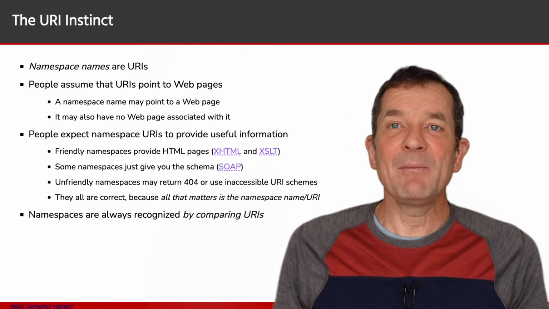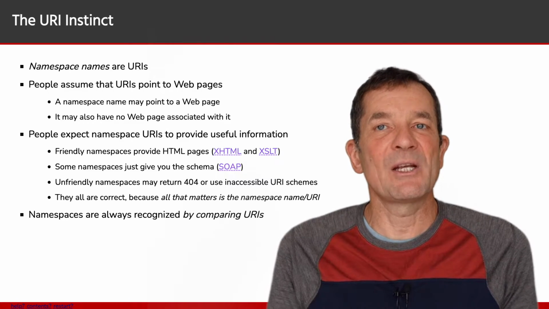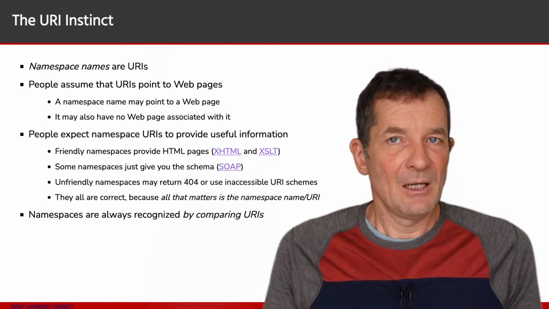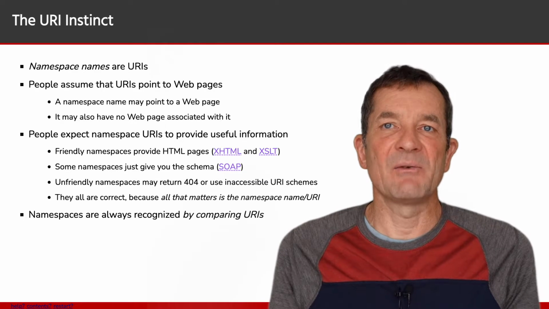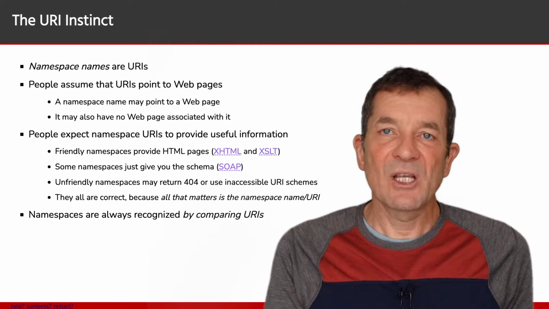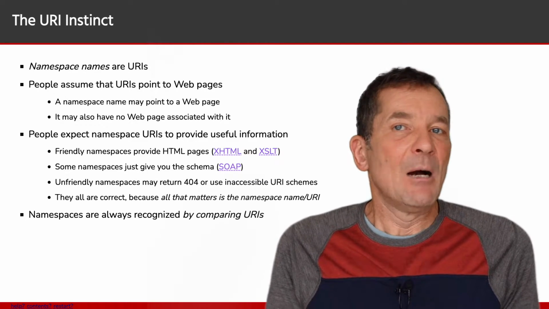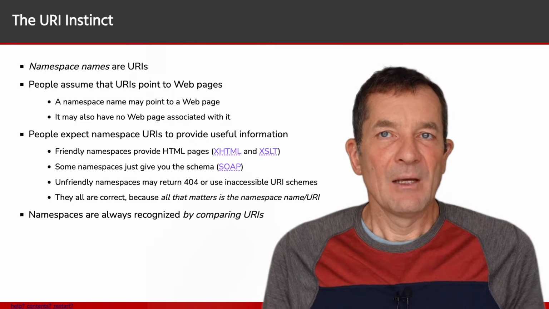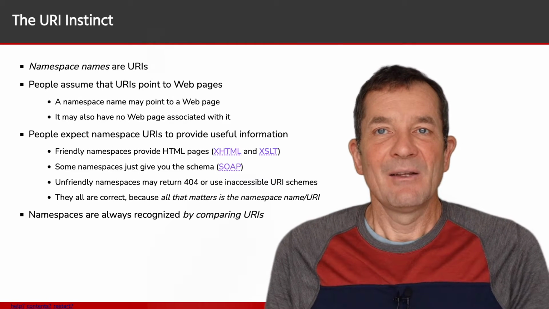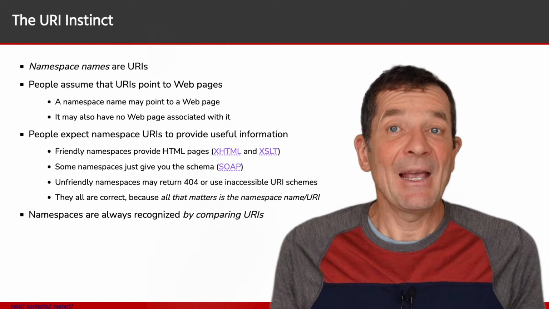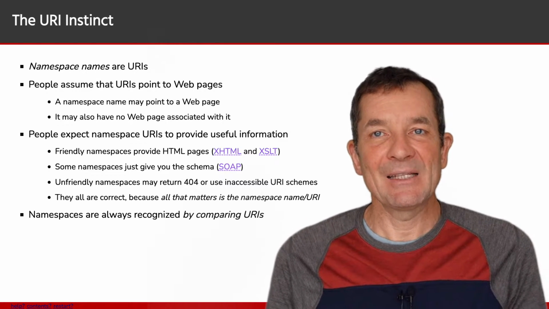You could, and maybe somebody was nice enough to actually put something useful there, like a documentation page or a specification document or a schema definition, whatever it may be. But that's not a requirement. The only requirement is that the namespace name has to be URI. And that's really all there is.